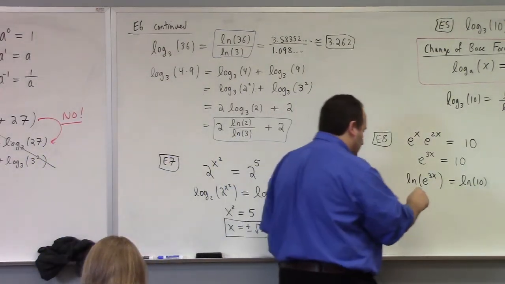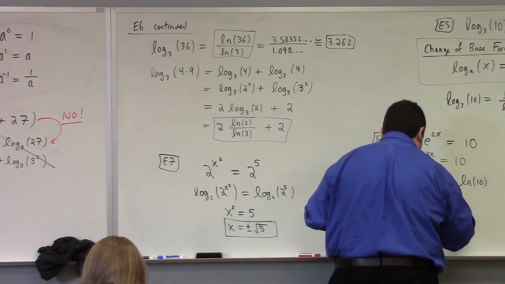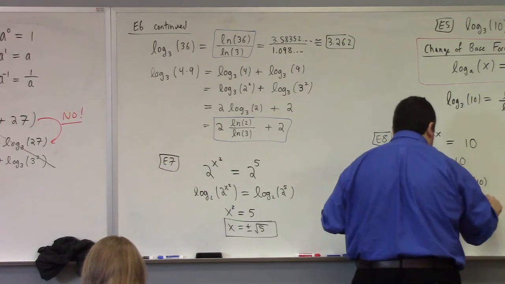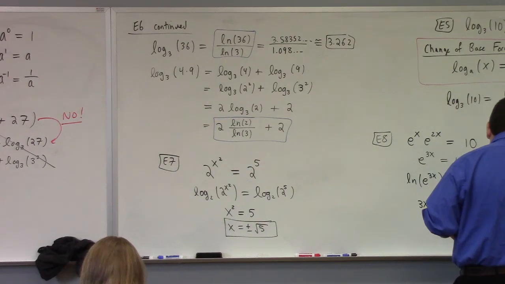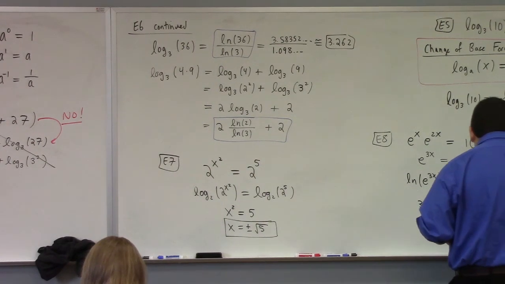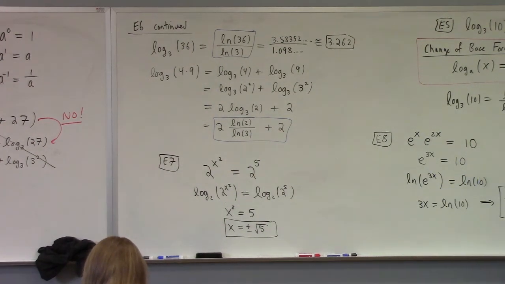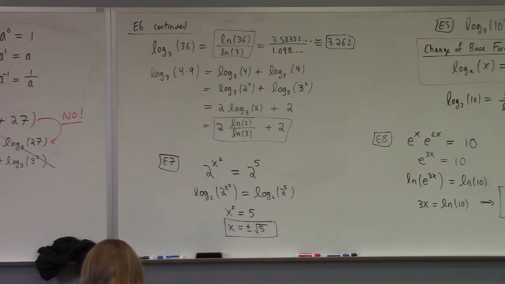So we get 3x equals natural log of 10. And therefore the solution is x equals natural log of 10 over 3. And there you go. A lot of times we're happy to have answers in terms of natural logs. Answers don't always have to be decimals. I was just showing you some decimals to make it more concrete.